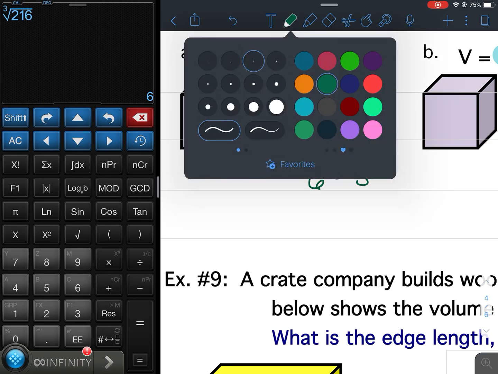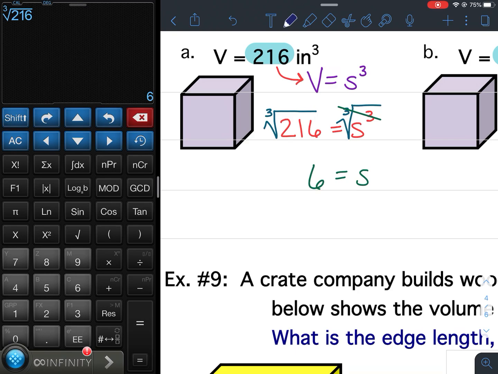We need to take it and write our final answer off to the side. So for my final answer, it's going to be 6 inches. Remember, when we're done here, it'll be a single unit, so it's just inches. All right, that's it for A.